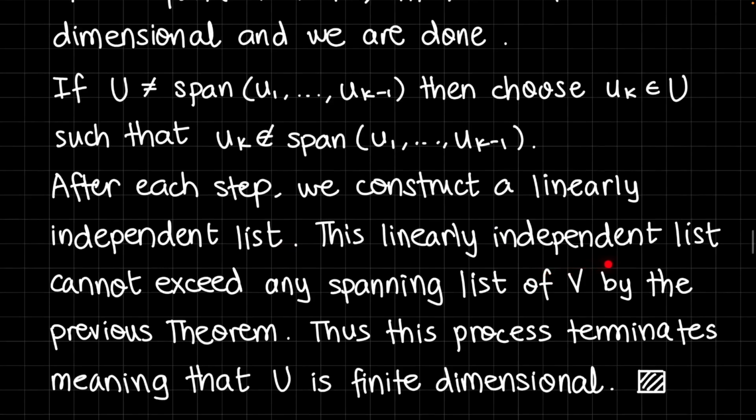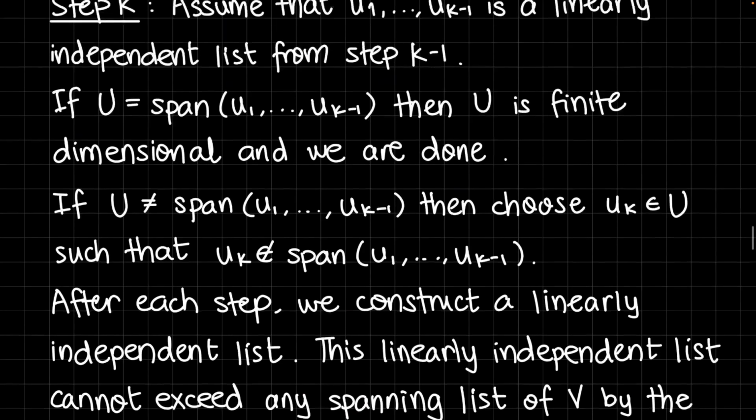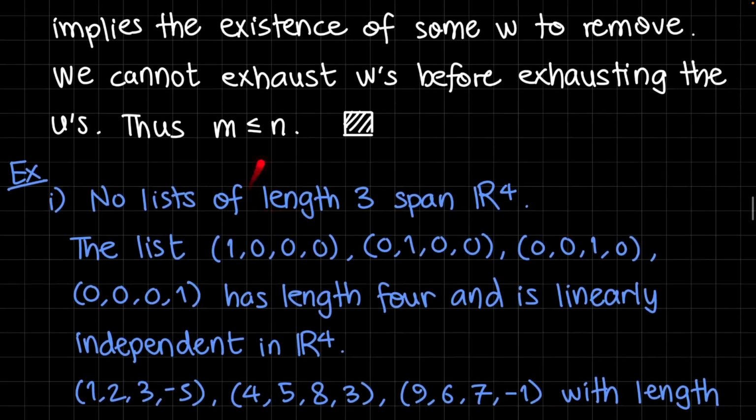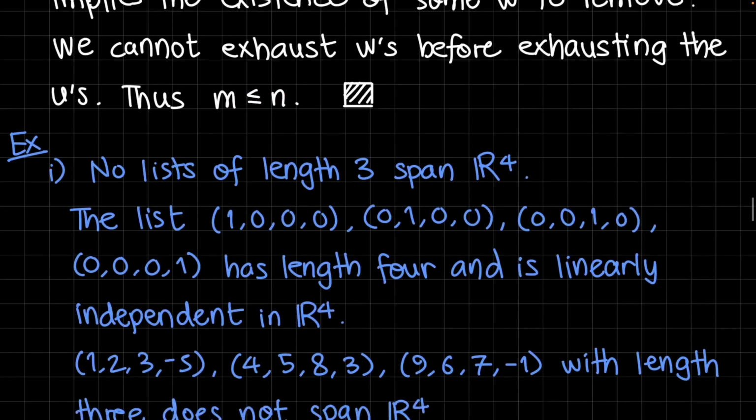This linearly independent list, being a linearly independent list, cannot exceed any spanning list of V by the previous theorem. Remember, we have this bound from the previous result: linearly independent list length is less than or equal to spanning list length.